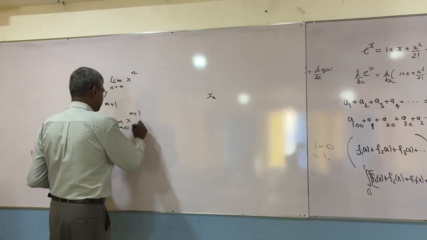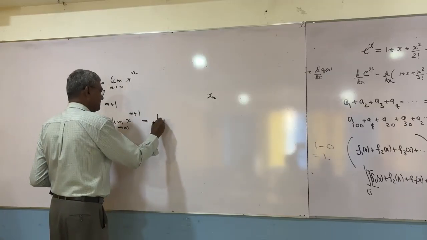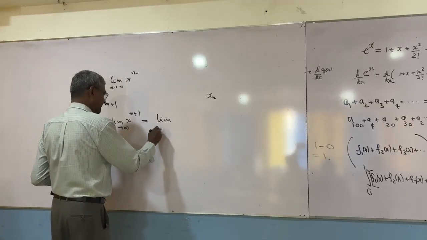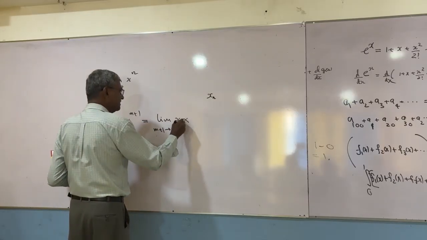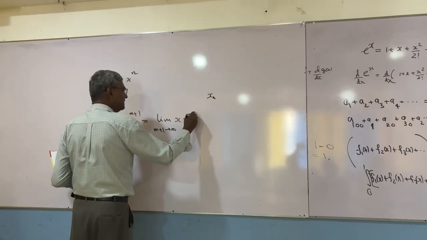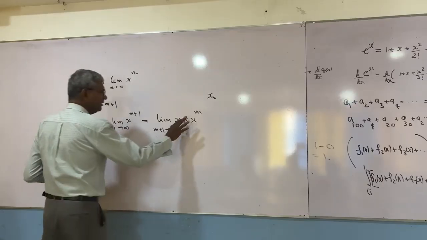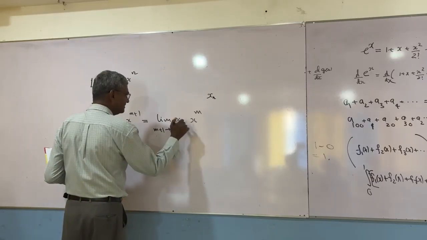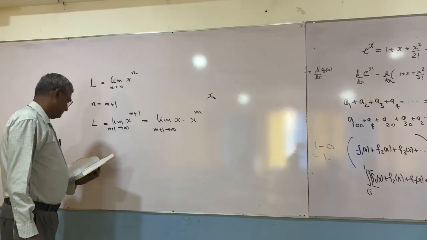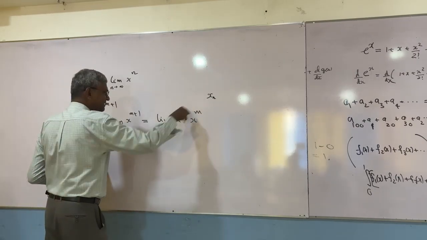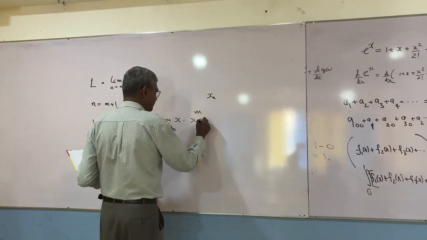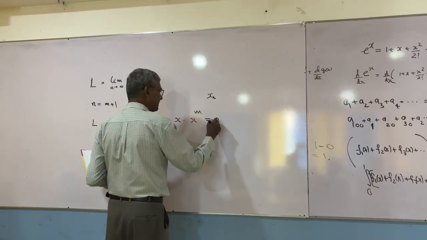This is limit as n plus 1 tends to infinity. This is like x times x to the m. Let me put the dot here as x, so they look the same.